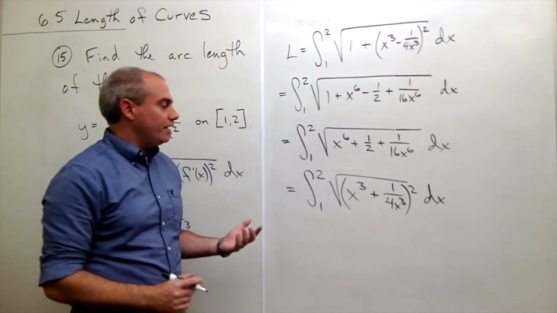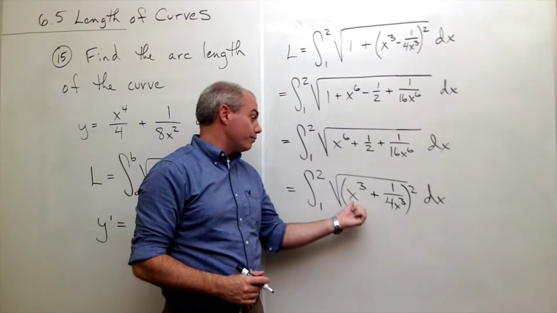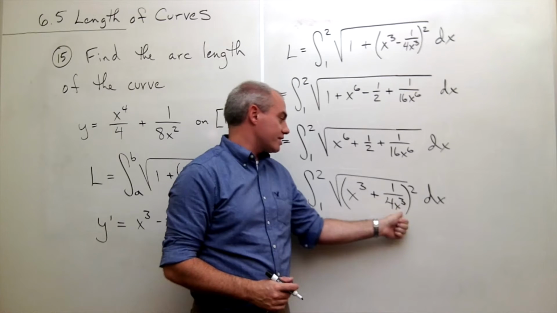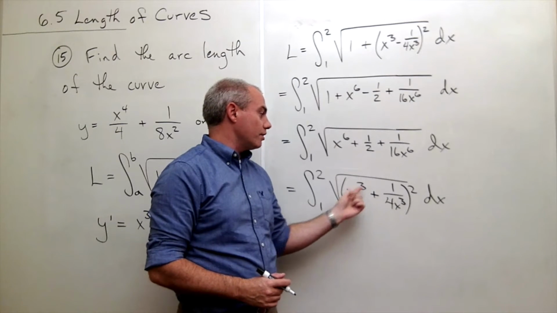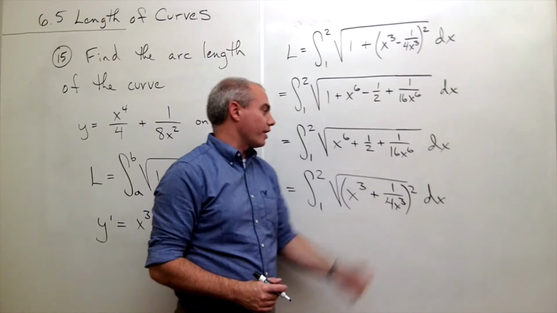And if you don't believe me, just square it. x cubed squared is x to the 6th. 2 times the first times the second, the x cubes cancel, and 2 over 4 is 1/2. And this guy squared is sitting right there.